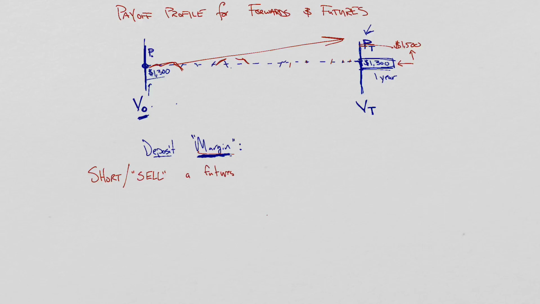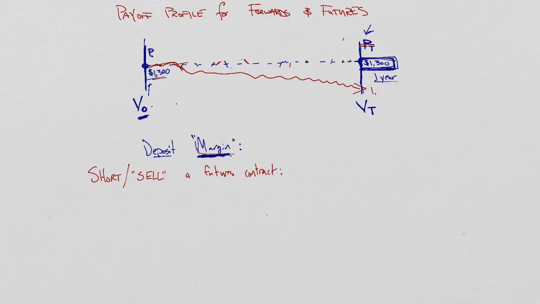The profit for that is different. To illustrate, we can take our same example, $1,300 for Google. That's the current stock price, and we are locking in the right to sell, not buy, Google stock at $1,300 1 year from now. We will make a profit if we're selling this futures contract, we're shorting, if Google's price falls over the next year.